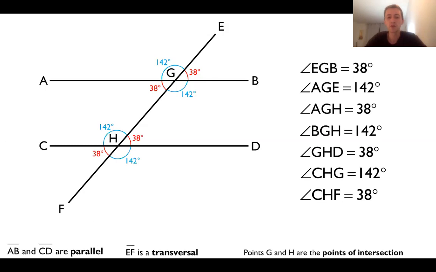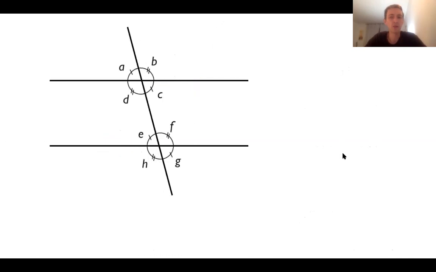Okay? So here's another way to look at this, and I'm going to go over a bit of vocabulary that you're going to see when you encounter this. For this, I've just shortened this. I'm only going to call them angles A, B, C, D, E, F, G, and H. And what I want you to notice is that angle A is the same as C. It's also the same as E. It's also the same as G. We can tell by those little notches.